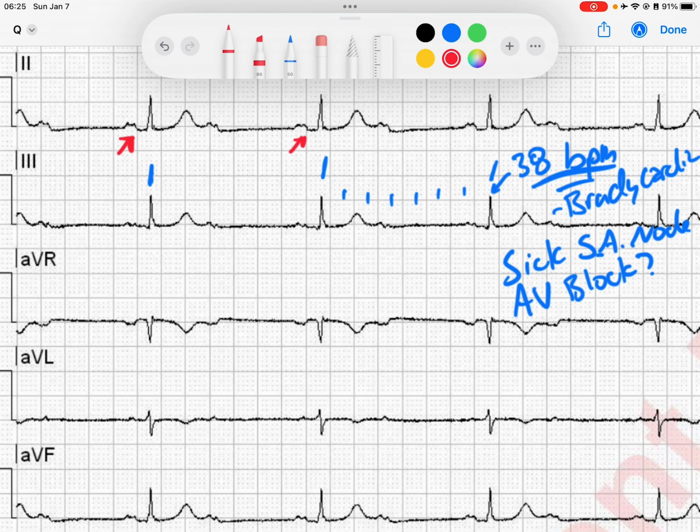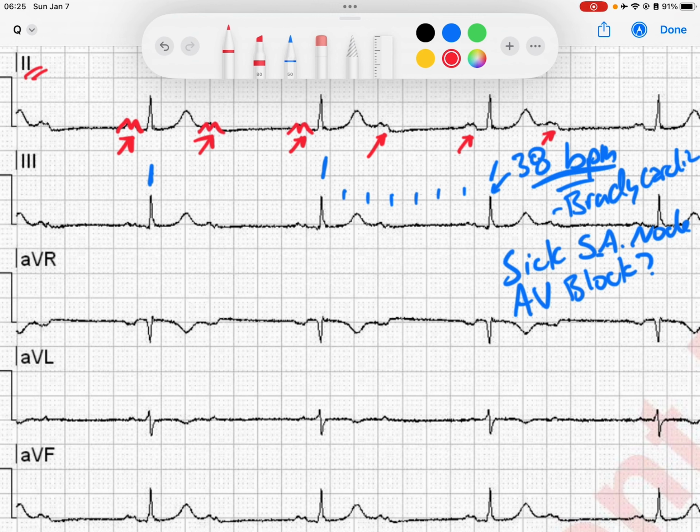I see I have P waves marching through to my QRSs. And I see my P wave has this normal bifid type notch here in lead 2. But I see an exact replica of that right here. I see it again right here after the T wave, and right here after the T wave. And that's got that same exact morphology.